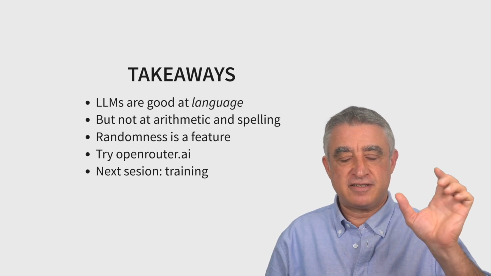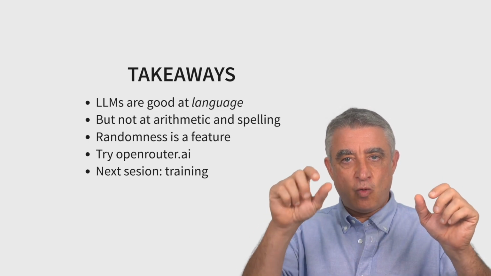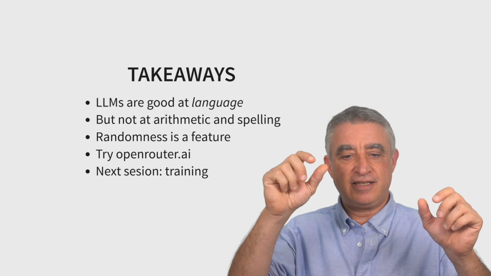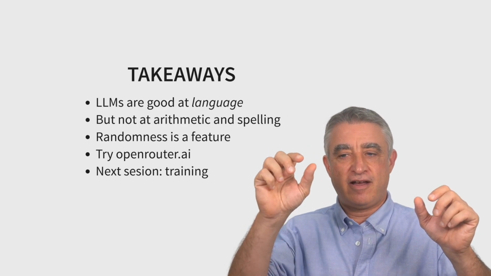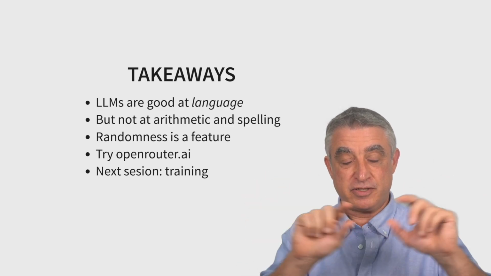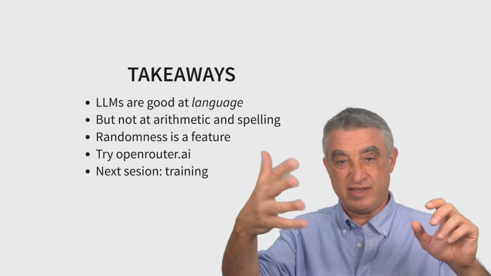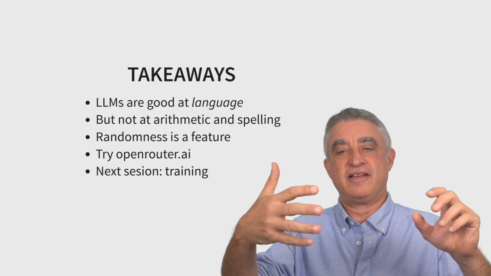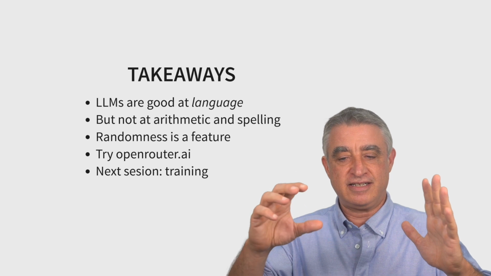Randomness is a feature of these large language models, so it doesn't always choose the most probable next token, because then it would always produce the same bit of text to whatever you typed in. And with chat, the impression you get when it does that is that it's not actually intelligent, right?